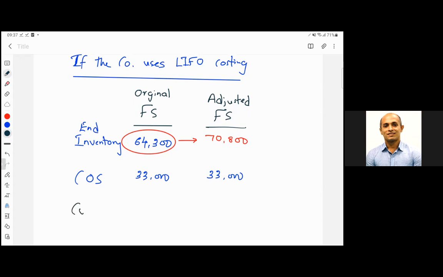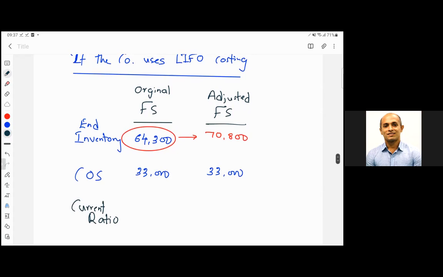Then what happens to the current ratio? Current ratio is understated.